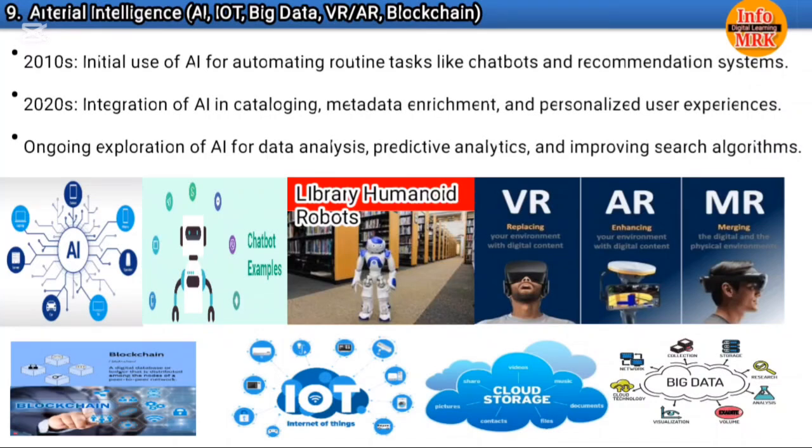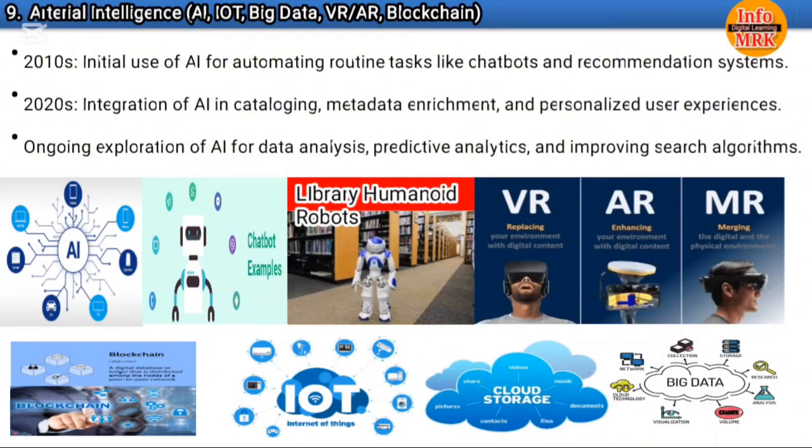Chatbots play a very important role in the library website or inside the library, along with recommendation systems that facilitate recommended content for users' research and development. In 2020, integration of AI in cataloging. In cataloging, AI also plays a very important role in metadata enrichment and personalized user experience. There is ongoing exploration of AI for data analysis, predictive analytics, and improving search algorithms.